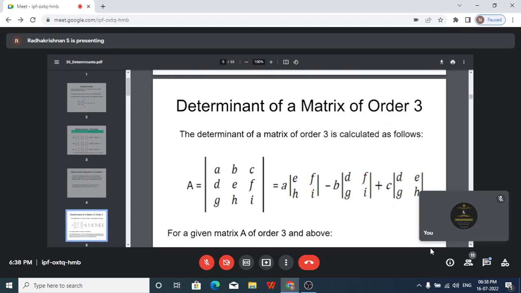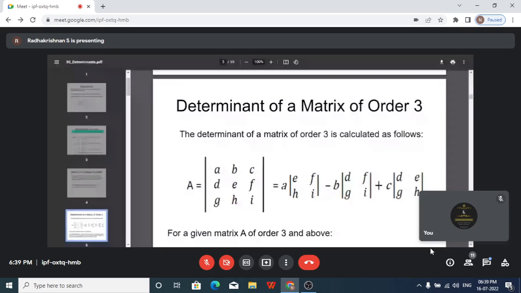So next, the sign will become plus now. So plus C into, after deleting that row and column, DEGH will come. So this is how you determine the value of determinant. So you can do it either cofactor.